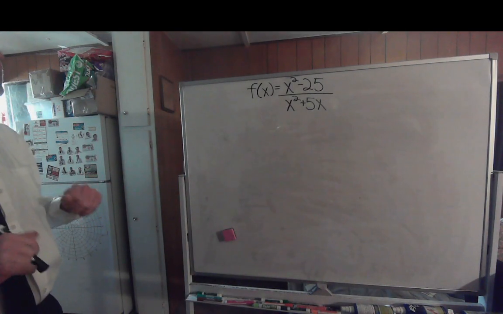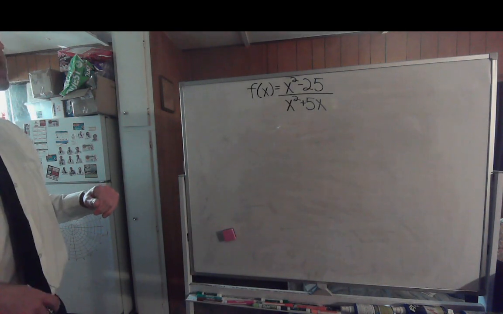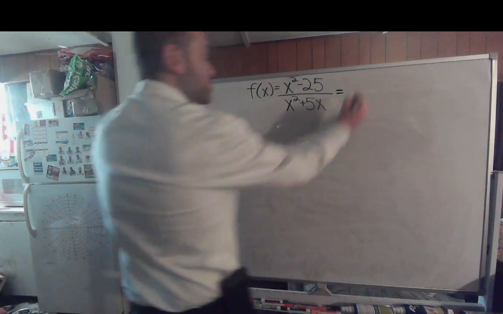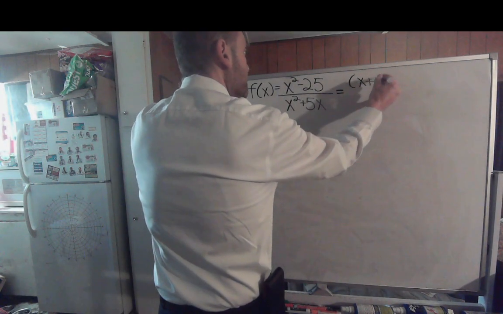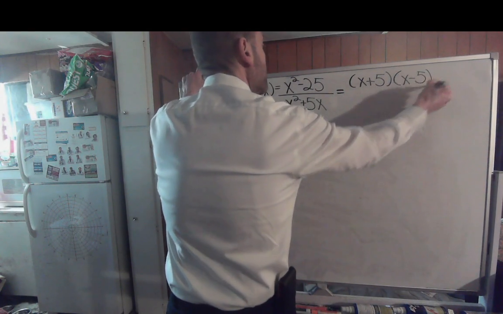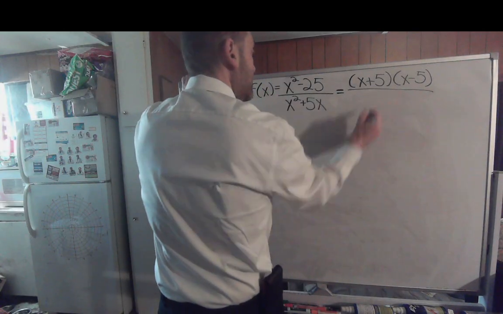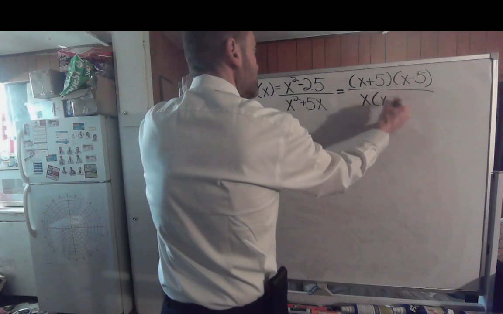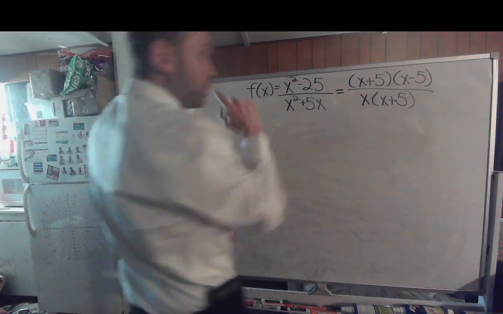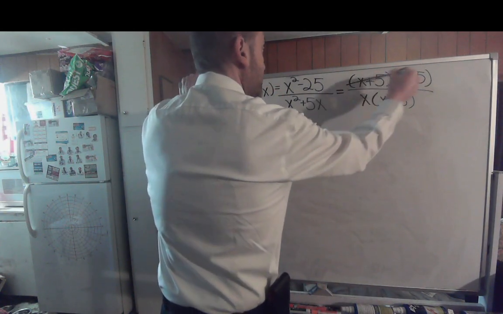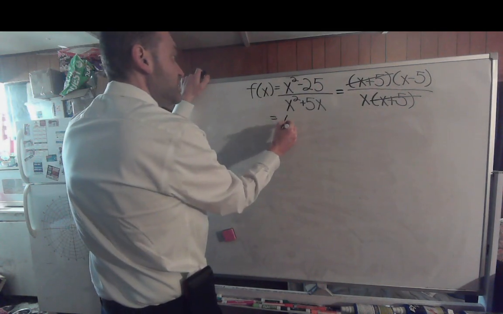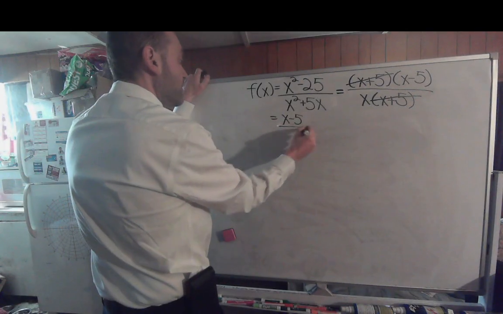Excuse me for that. Well, we can soundly say we can factor the numerator and denominator, right? This would turn into x plus 5 times the quantity of x minus 5, all over x times x plus 5. Well, good news is the x plus 5s are going to cancel out, which is going to simplify this into x minus 5 over x.